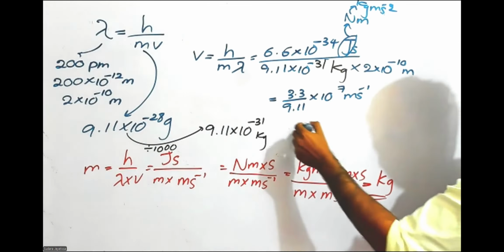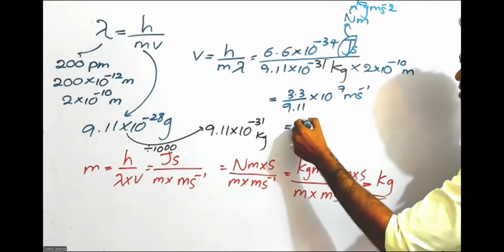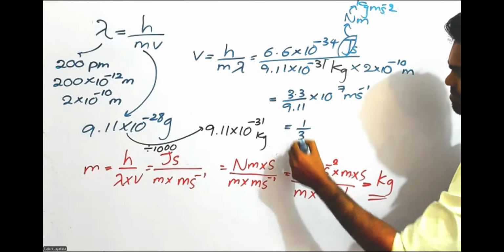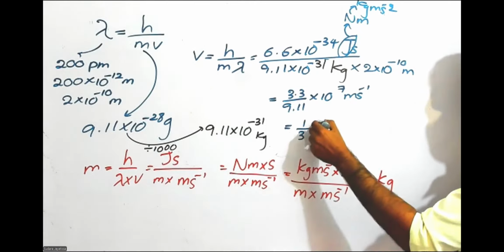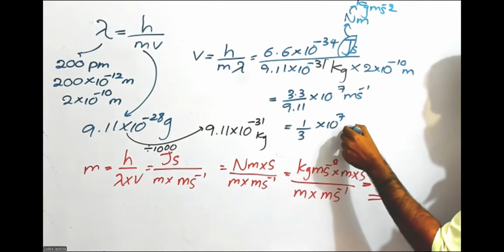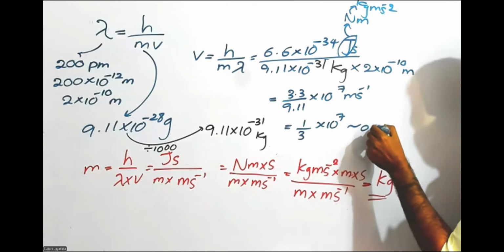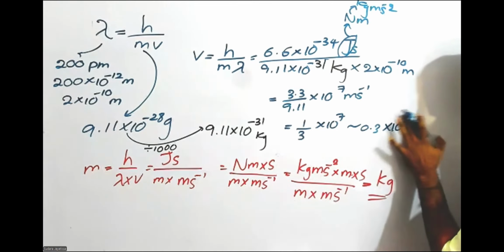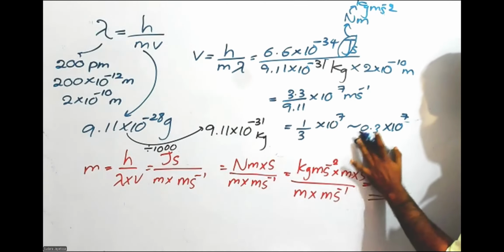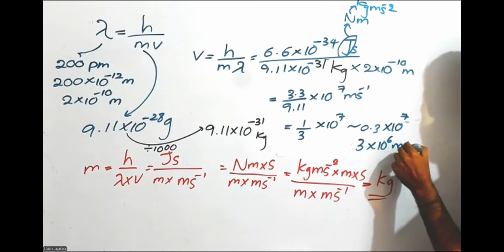So it is like 1 over 3 into 10 to the power 7, so it is somewhere around 0.33 into 10 to the power 7. You can say somewhere around 3 into 10 to the power 6 meters per second.